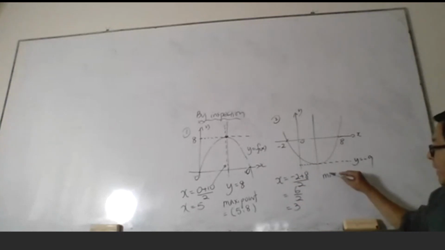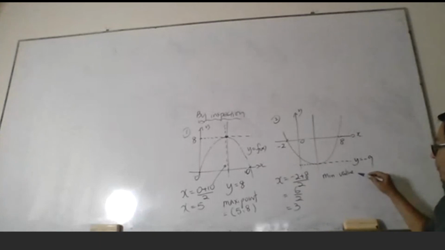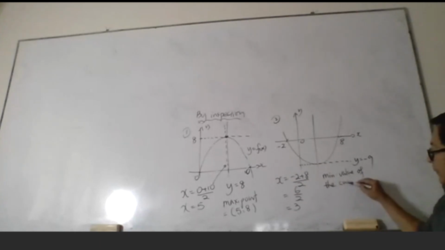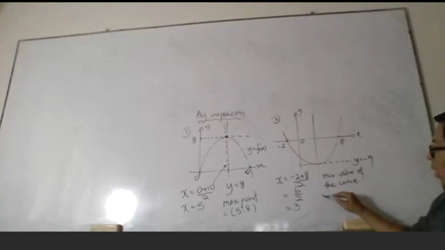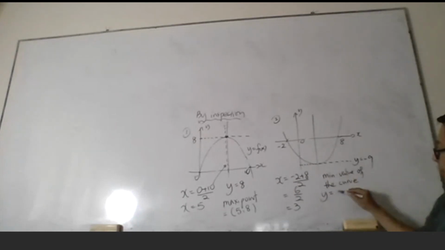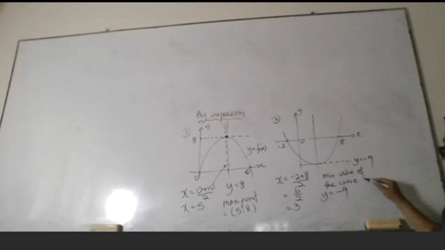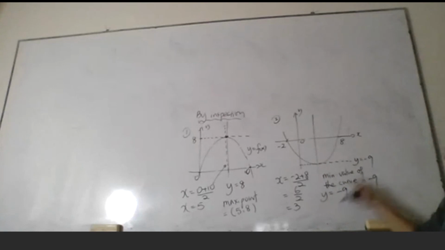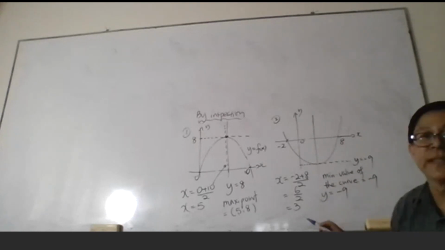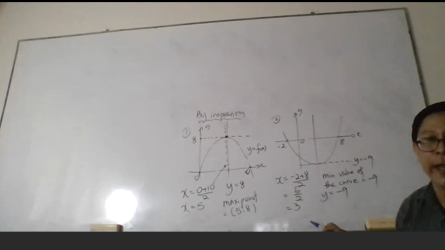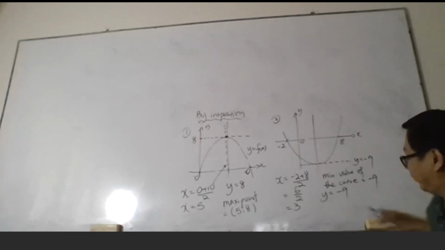So the minimum value of the curve is -9, and the minimum value represents the y coordinate of the turning point.